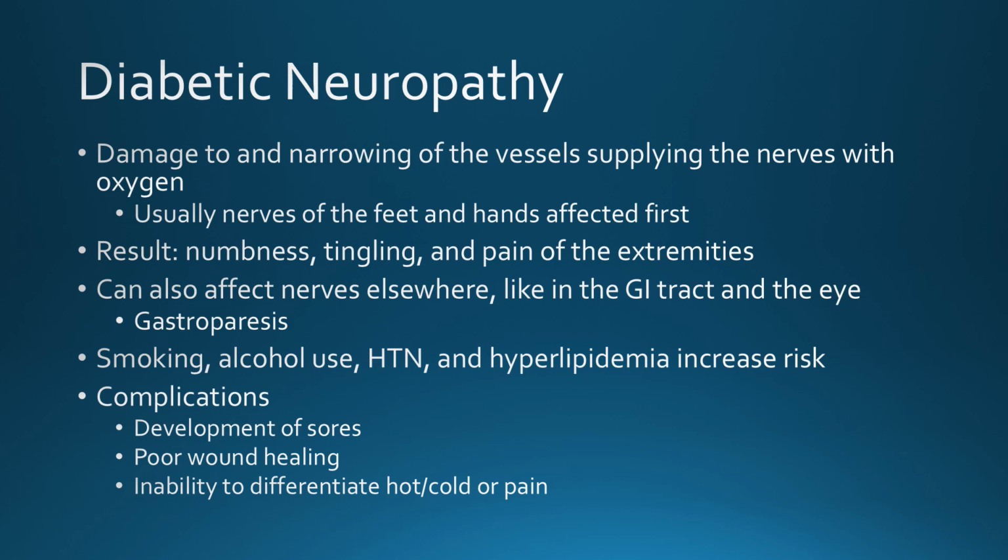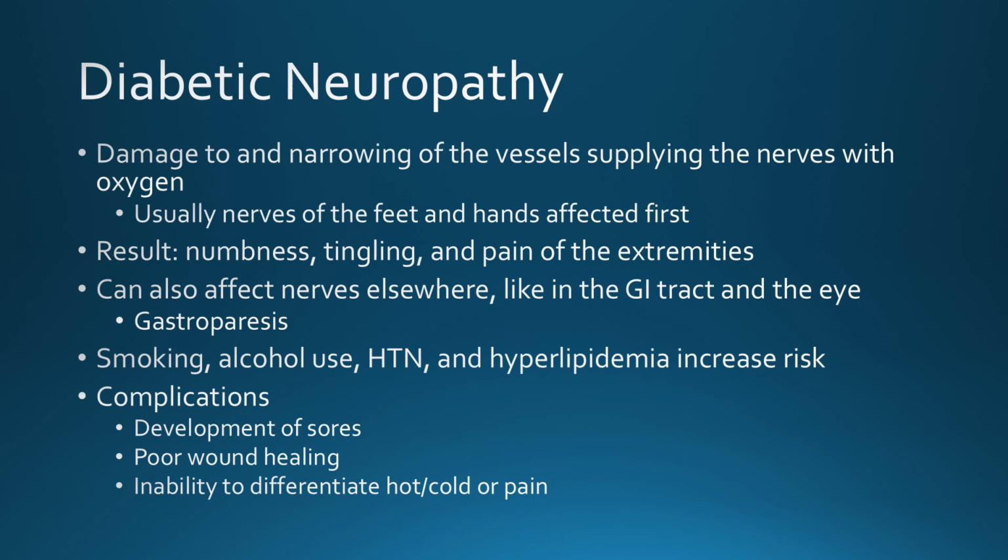So typically the nerves of the feet and hands, so the furthest away from our heart, are going to be affected first. And the result of those nerves being damaged from lack of oxygen is going to be sensation changes. So most commonly we're going to observe numbness and tingling in those extremities, and sometimes even pain in those extremities too. And this all results from those nerves being damaged.